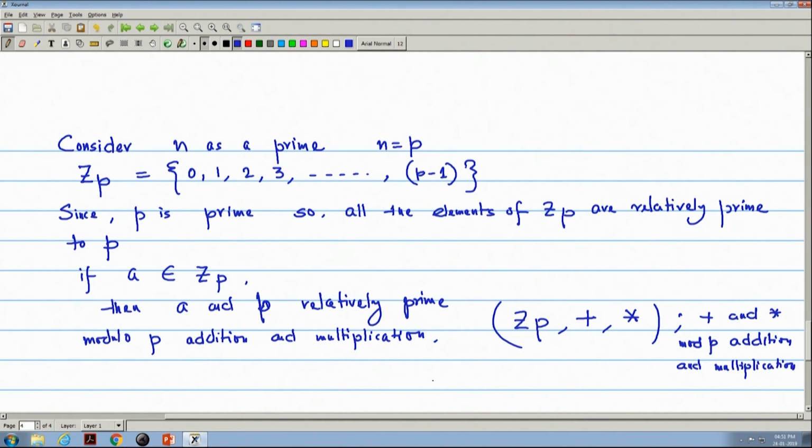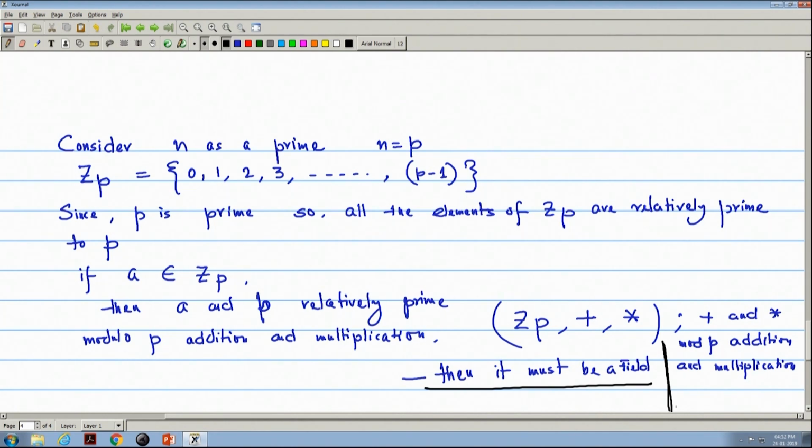Then it must be a field. So, we have considered the Zp, and so the set becomes 0 to p minus 1 since p is prime.